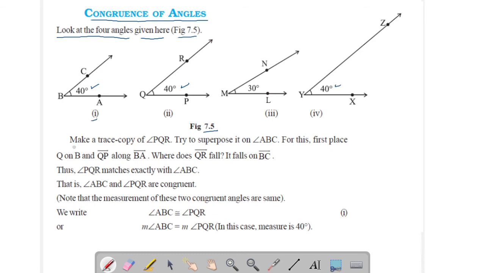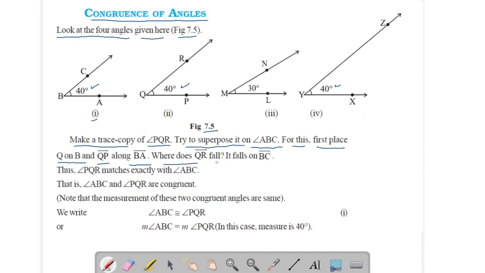Here make a trace copy of angle PQR. Try to superpose it on angle ABC. For this, first place Q on B and line segment QP along line segment BA.